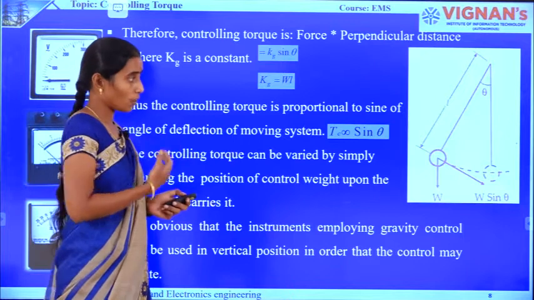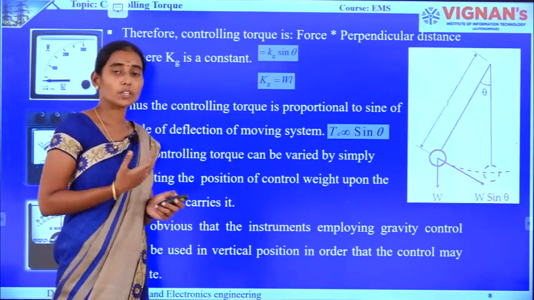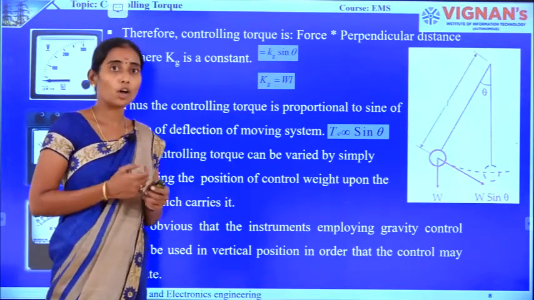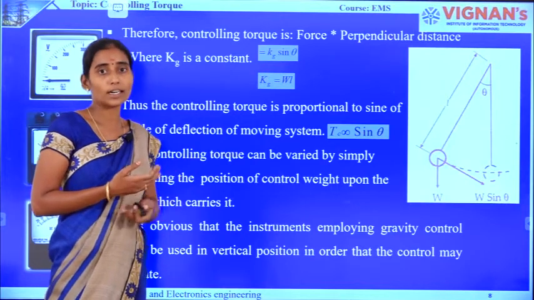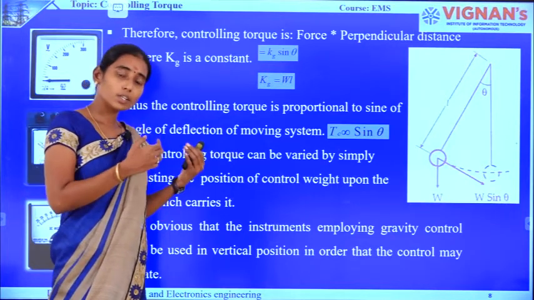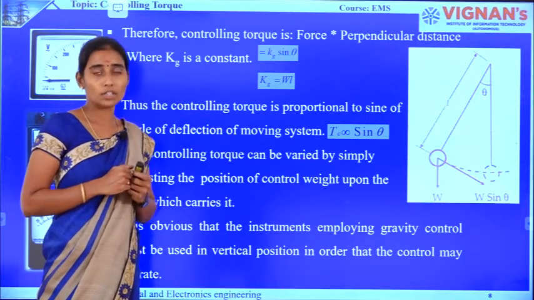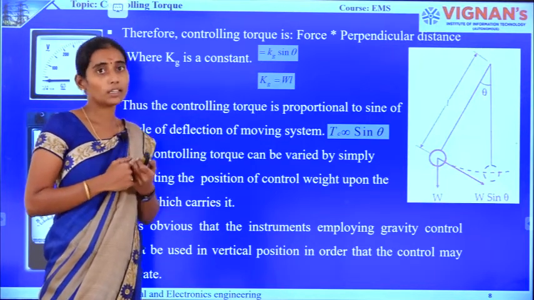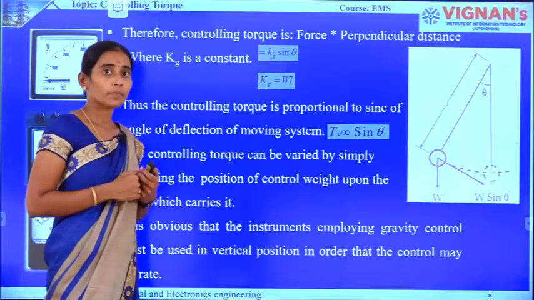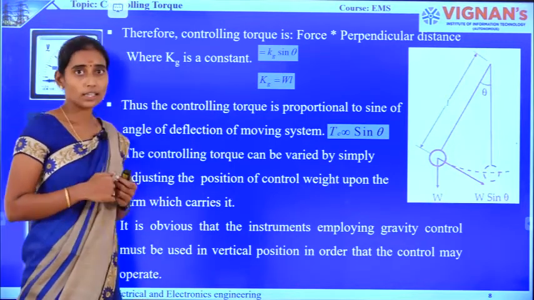However, the instruments which employ this controlling torque cannot be operated in the horizontal direction. Since it is working on gravity, they should always be placed in the vertical direction. That is the main drawback of these instruments.